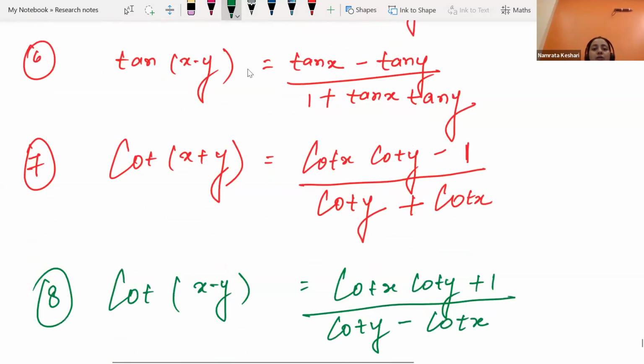Do we have to learn these formulas also? Yes, this chapter is all about formulas. So many formulas we are having, and eventually we have to learn all these formulas. In this trigonometric functions chapter you will have a strong grip when you have learned all the formulas.